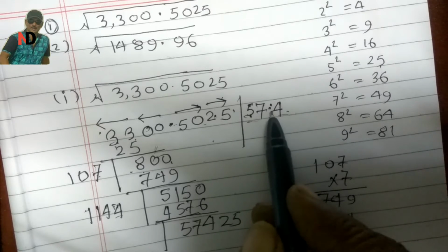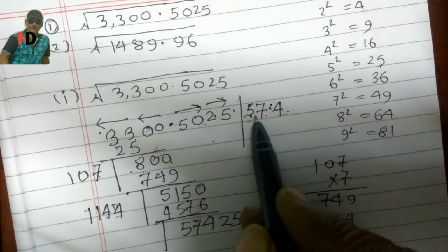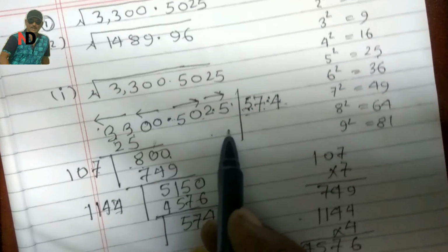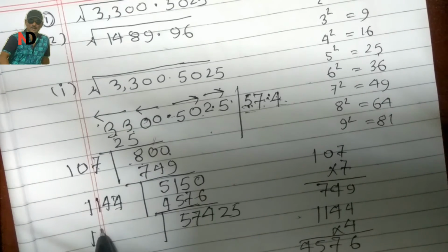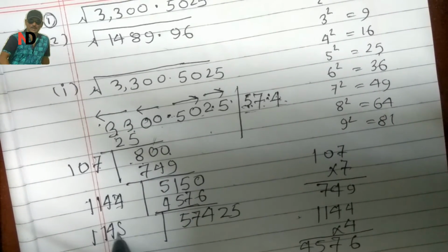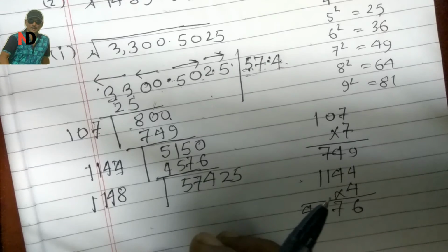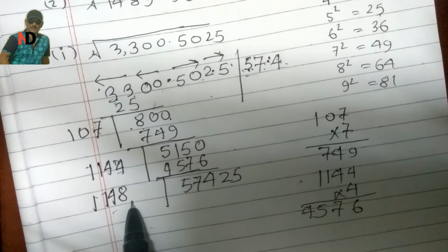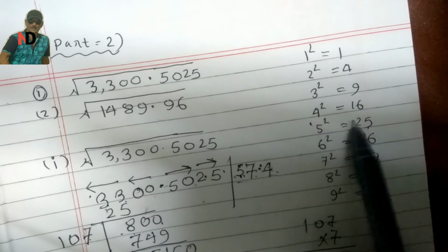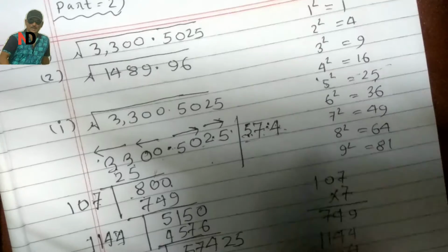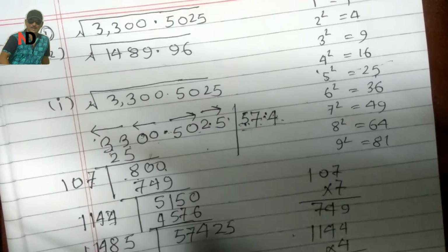So 574 is considered as 574, the double of it is 1148. So what number at the end? It is 5, because the square of 5 is 25, so it must be 5, so this 5.